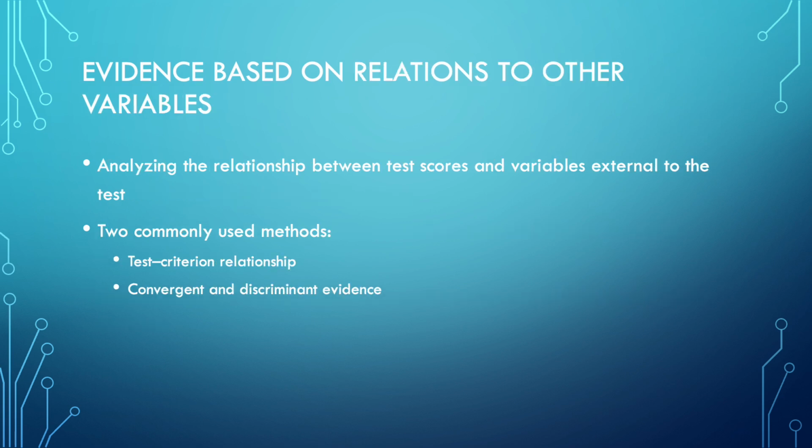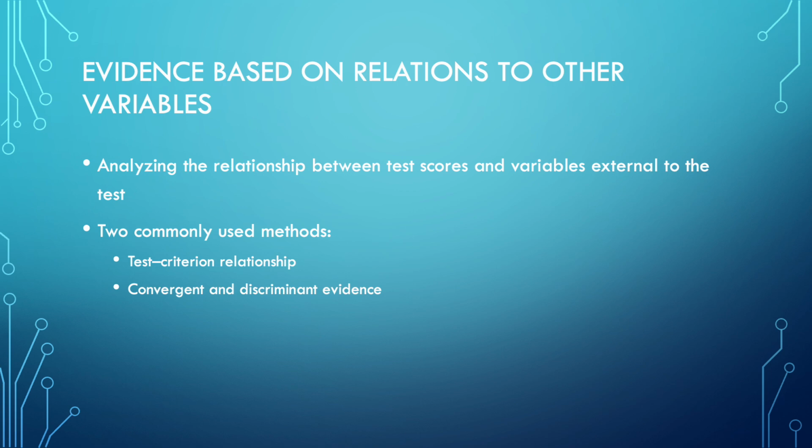The second evidence of validity is evidence based on relations to other variables. We can analyze the relationship between test scores and variables external to the test. An external variable is a measure or test that assesses the same or different constructs that the test is supposed to measure.